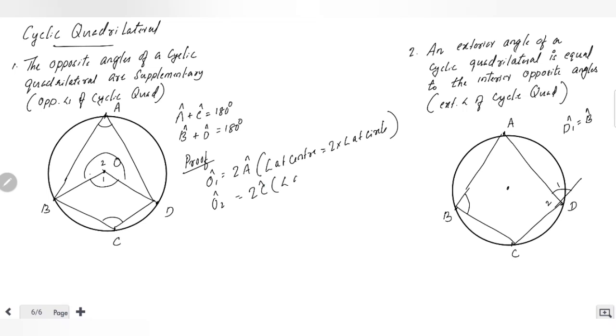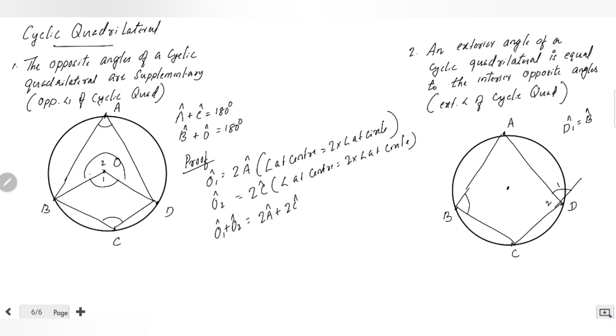Very same reason, angle at center is equal to 2 times angle at circle. So very simple to prove that. Okay, now what we need to do is add these equations, equation 1 and 2, that is O1 plus O2 is equal to 2 times angle A plus 2 times angle C. Do you agree with that? Okay, we are adding the equations.